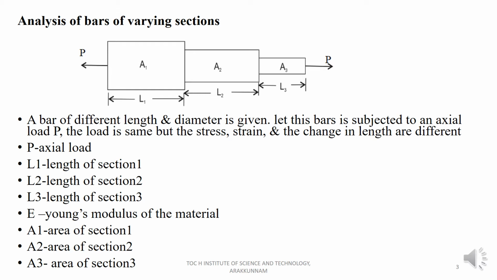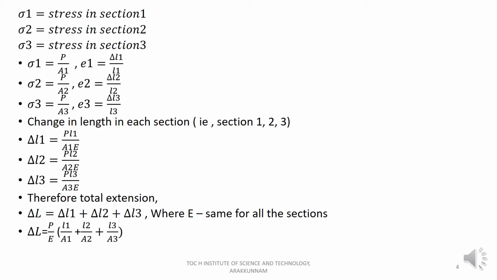Now we have to find the deformation delta L for the total bar, which is acted upon by a single load P on both the ends. As we know, sigma 1 is equal to P by A1, and the strain for section 1, epsilon 1, is equal to delta L1 by L1.